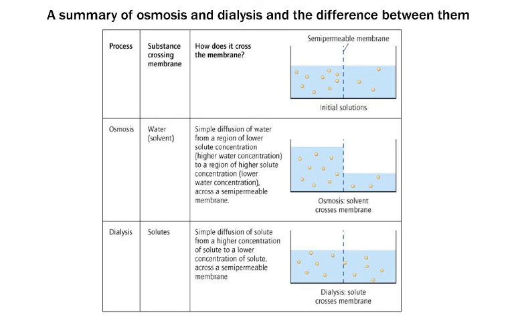So this shows the two examples. So osmosis, the thing that moves across the membrane is water, and notice again the change in volumes and the simple diffusion of water from a region of low solute concentration, which is the higher water, to high solute, which is the lower water. And then dialysis is the simple diffusion of solute from high to low concentration.